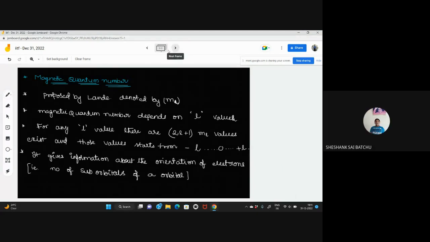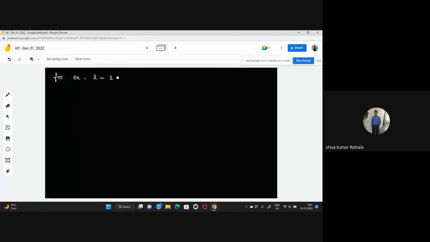See, if L equals 1, how many values exist? As per the 2L plus 1 formula, how much will it be? 3. 2 times 1 plus 1 is 3, so 3 values exist. And what are the values? Minus 1, 0, 1.